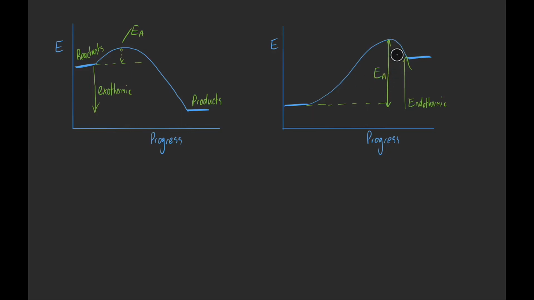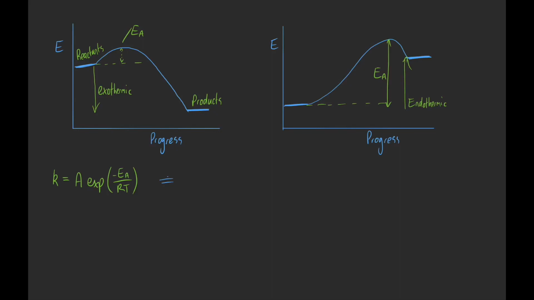We can actually determine the value of this activation energy by rearranging our Arrhenius equation and then making some measurements in an appropriate way. So starting with the Arrhenius equation that we had previously, which told us that k was equal to A multiplied by the exponential of minus the activation energy over RT, we can take logarithms of both sides and actually get rid of this exponential.